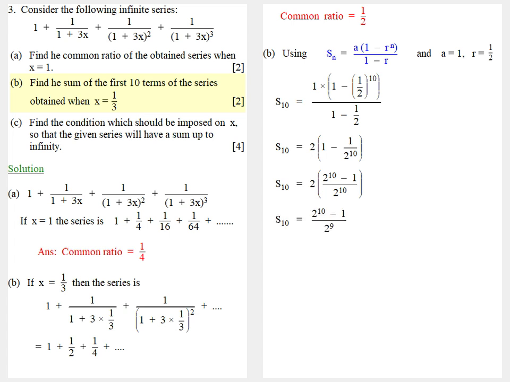Now the 2 outside the bracket cancels with one of the 2's on the bottom, so we have S10 is equal to 2 to the 10 minus 1 over 2 to the 9. Well, 2 to the 10 is 1024, so the sum of the first 10 terms is 1023 divided by 512.